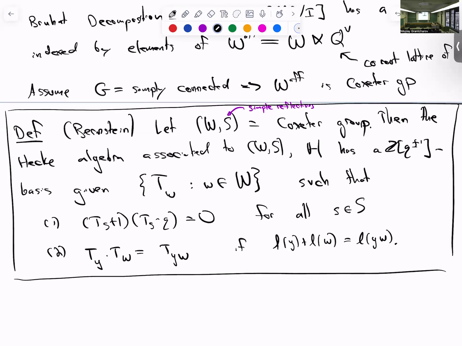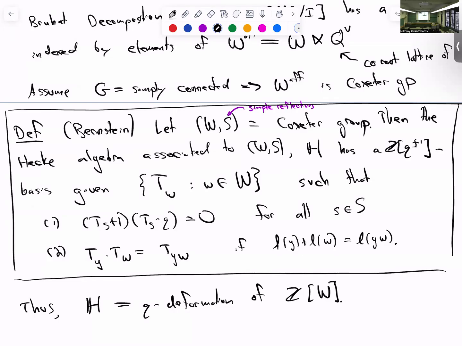I mentioned this twice, but just to write it down, this boldface H, this affine Hecke algebra, is a q-deformation of the group algebra of W. Notice I did not assume W is finite or affine.